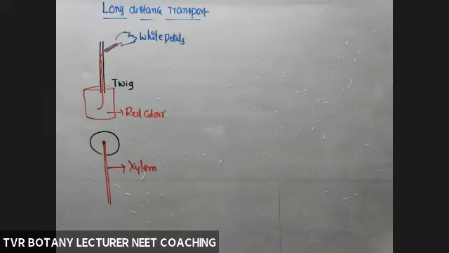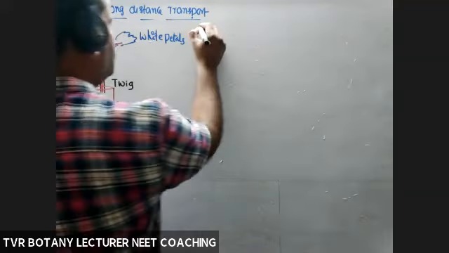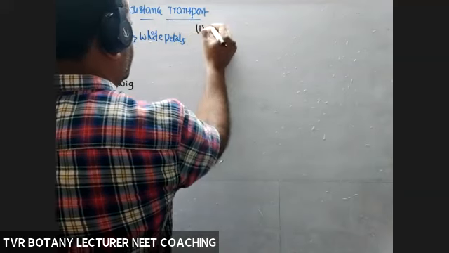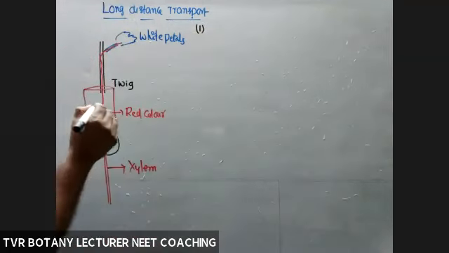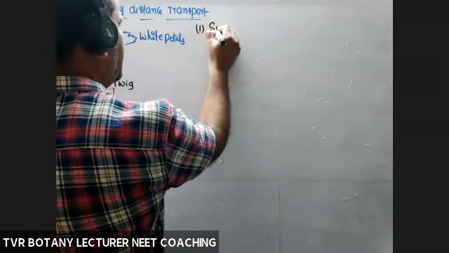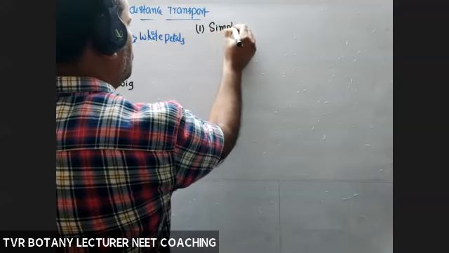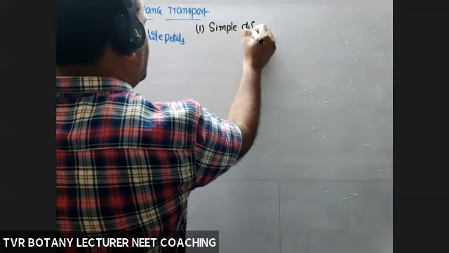Now, what are the mechanisms required for the transportation of water up to that much height? Simple diffusion is concerned with a short distance only. It is insufficient.